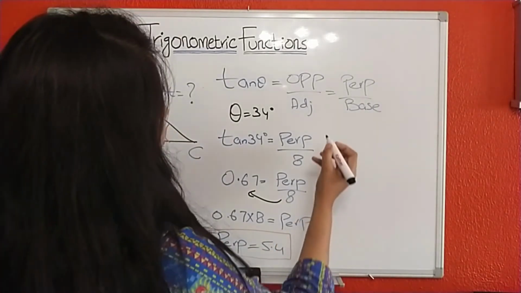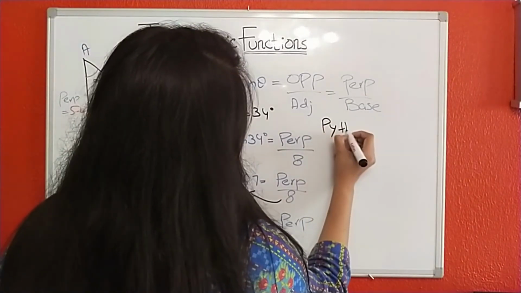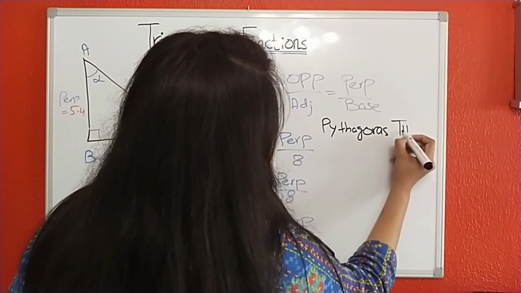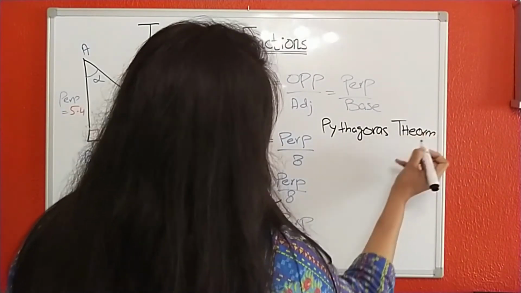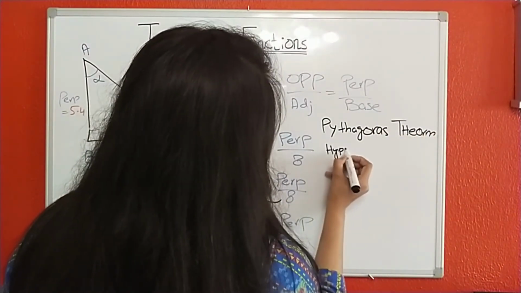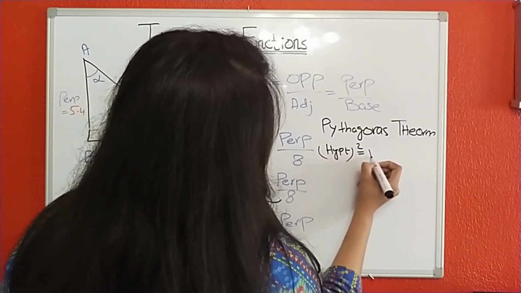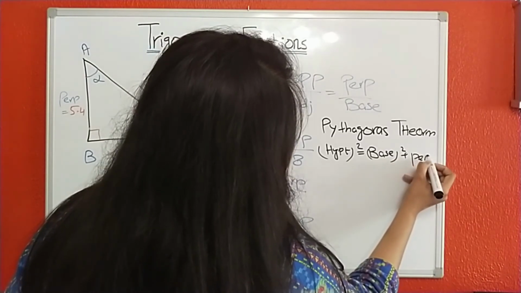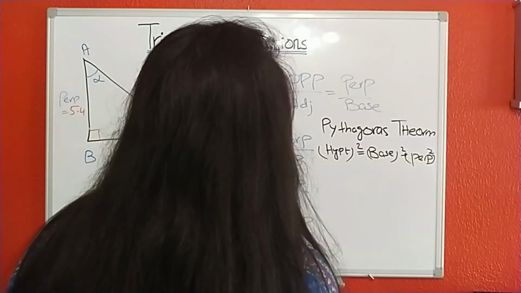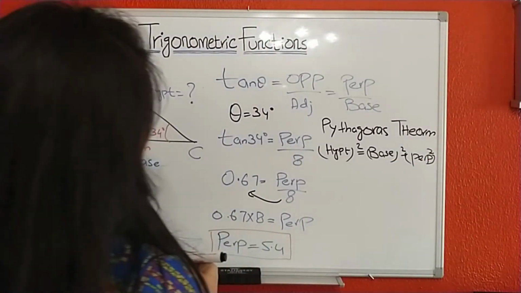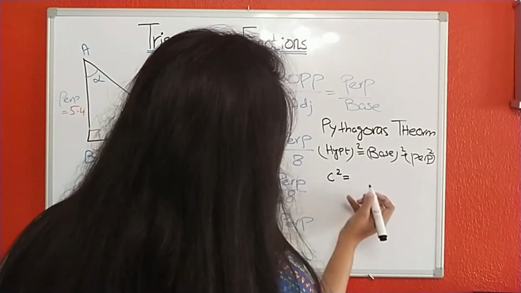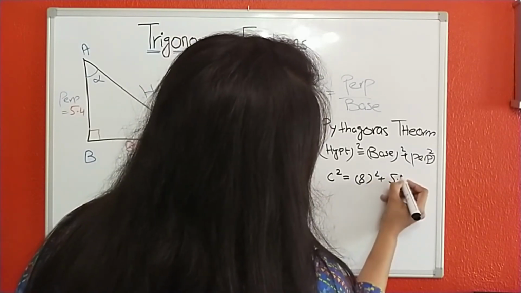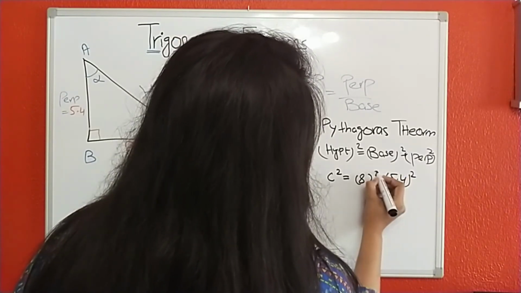So I am writing the Pythagoras theorem here: hypotenuse square is equal to base square plus perpendicular square. The value of hypotenuse is what I have to find. So c square is equal to the value of base, 8 square, plus 5.4 square.